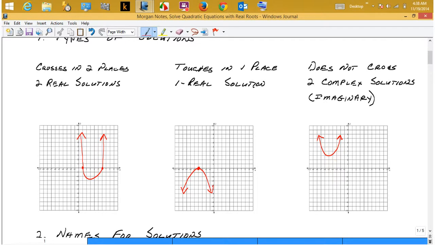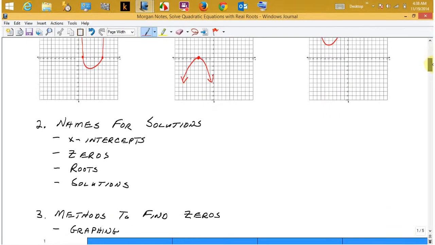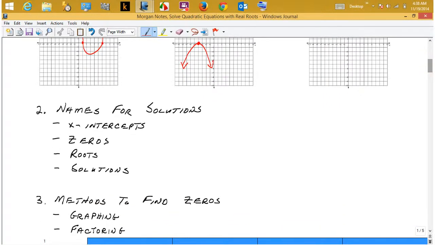Now the ones we're going to deal with today are going to be ones that either fall into category 1, that cross in 2 places, or category 2, that cross in just one or touch in just one. Now when we talk about the solutions to a quadratic equation, there are a lot of different names to it depending on what book you're using. Sometimes it'll say find the solutions, and another time it may say find the x-intercepts, right?